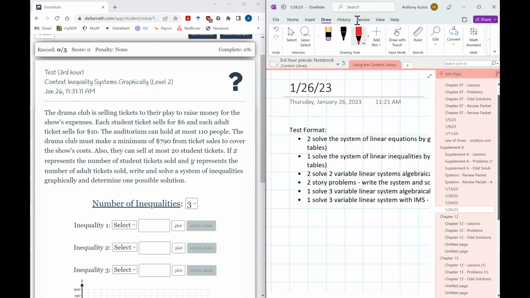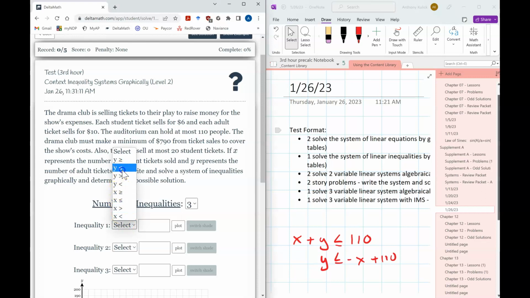So if it says the auditorium can hold at most 110 people, I know that X plus Y has to be less than or equal to 110. So I'll just write that as Y is less than or equal to negative X plus 110, or 110 minus X, either should be fine. So I'll do Y is less than or equal to 110 minus X.